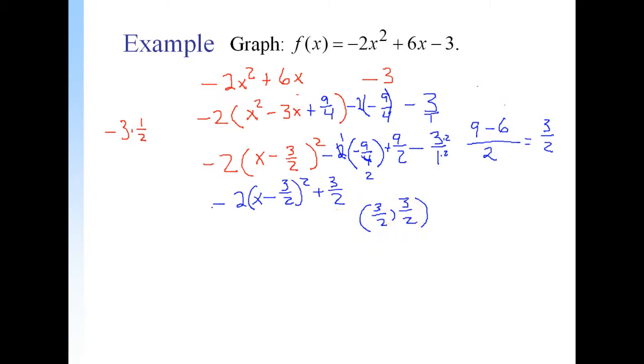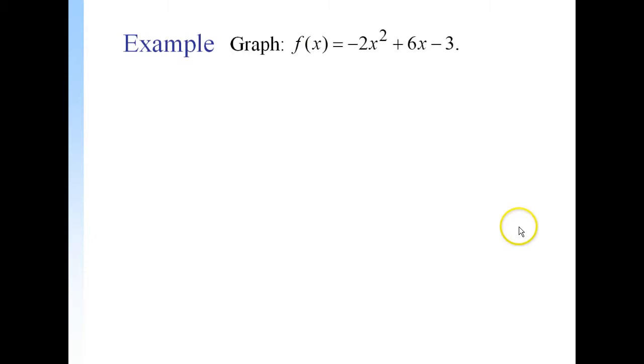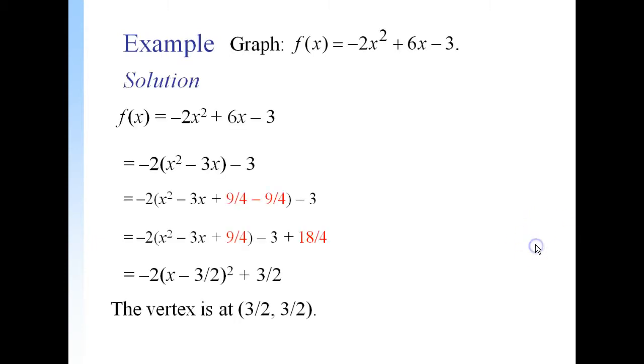All right, well, let's see how we did, because they have this worked out for you too. Yes, okay. In fact, I should have probably looked at this first and realized I had to bring my 2 over there too.